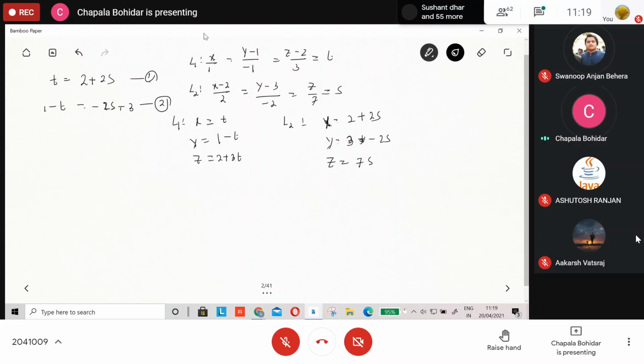So from this, what do you get? t is equal to 2 plus 2s, say equation 1. Then 1 minus t is equal to 3 minus 2s. Then 2 plus 3t is equal to 7s. So equations 2 and 3.